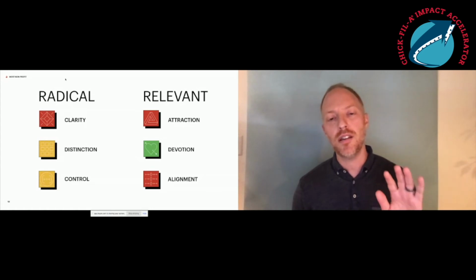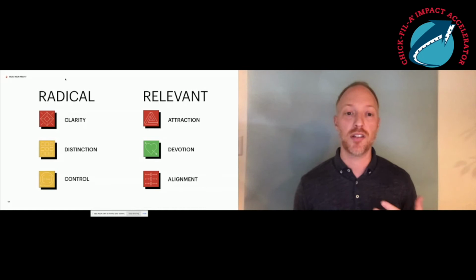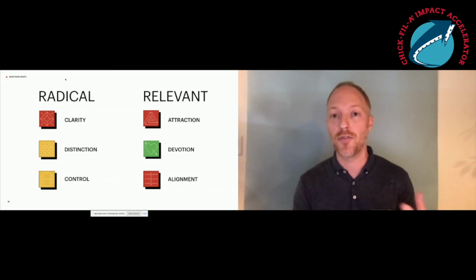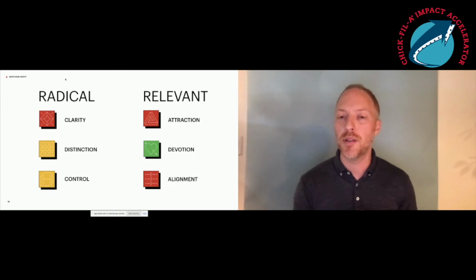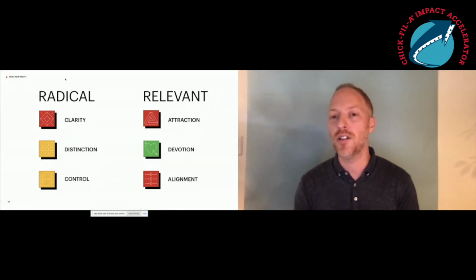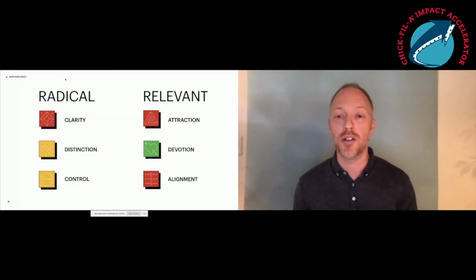We definitely see some cautionary distinction, a lot of organizations that blend in and merge together visually or verbally. Control is definitely an area that we see as being challenging. And then attraction. For whatever reason, it's really difficult to present a message that's really compelling or to have a brand that is attractive from a look and feel standpoint.